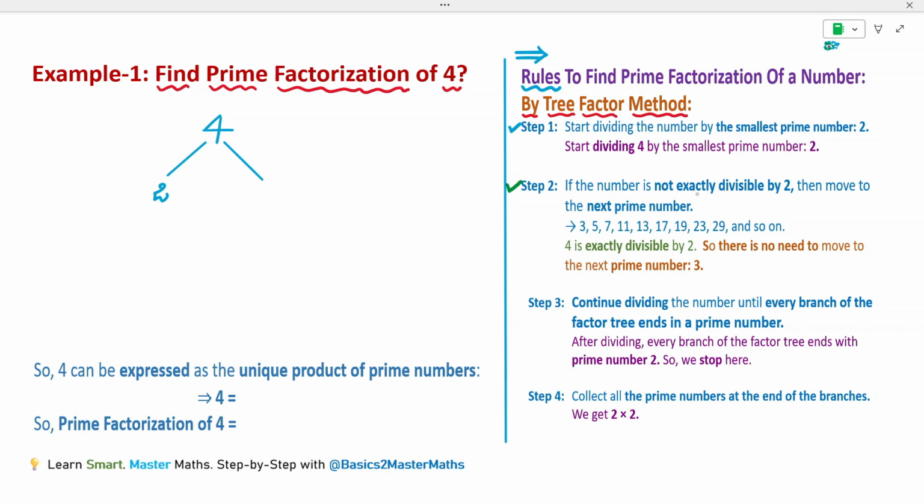In this case, 4 is exactly divisible by 2. So, there is no need to move to the next prime number 3. Got it?